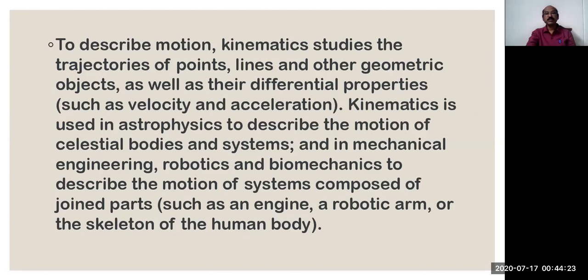To describe motion, kinematics studies the trajectories of points, lines, and other geometric objects, as well as their differential properties such as velocity and acceleration. When a body moves, it is present at different positions at different time intervals.